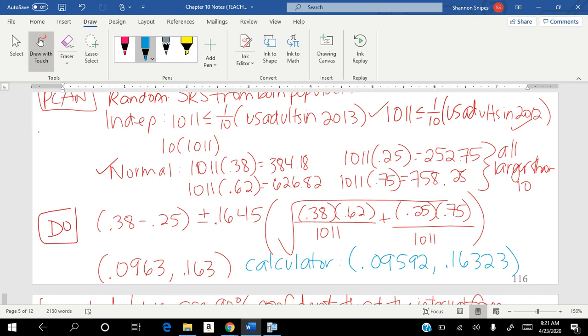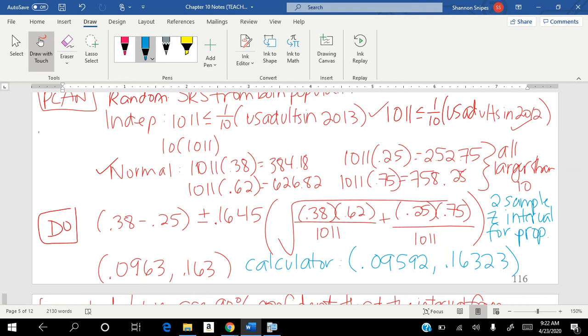So again, that's why it is very important that if you plan to use the calculator and not write out all of that stuff, which in a normal year would be perfectly acceptable, we need to be sure we name the inference method. So this is a 2-sample Z interval for proportions.